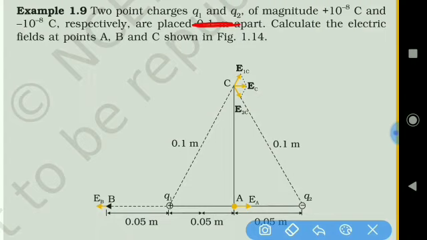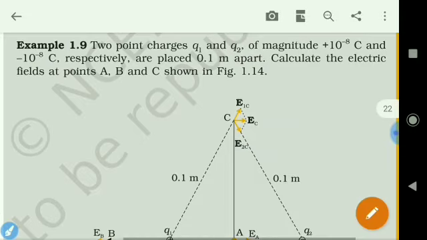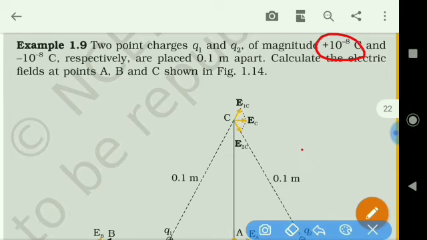They are having charge plus 10 raised to minus 8 coulomb and minus 10 raised to minus 8 coulomb. You can see here the magnitudes of this charge is same. One is having 10 raised to minus 8 coulomb, the other is also having 10 raised to minus 8 coulomb.